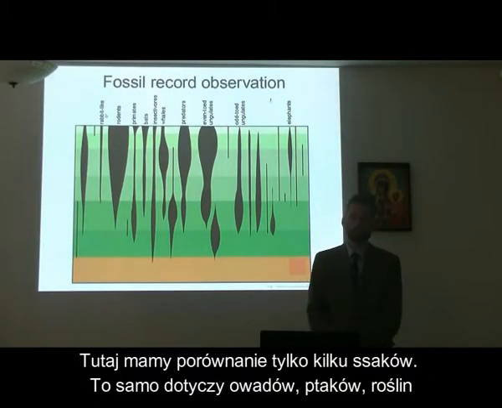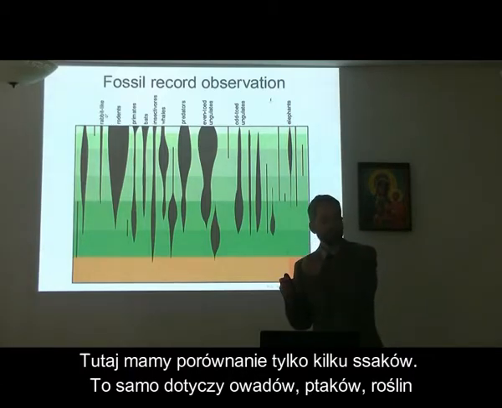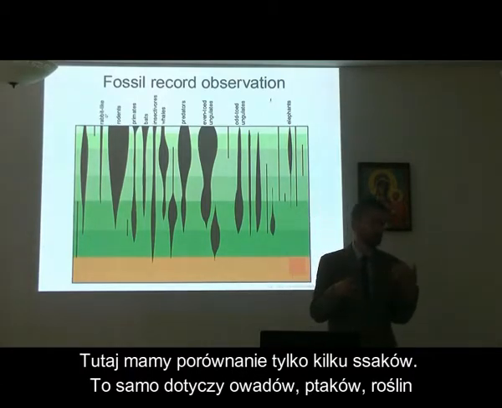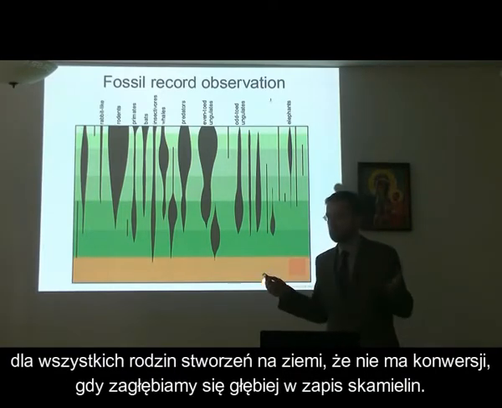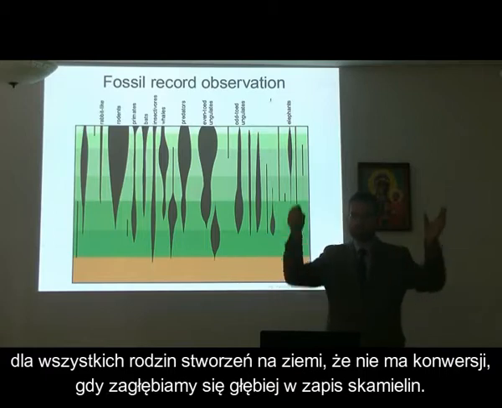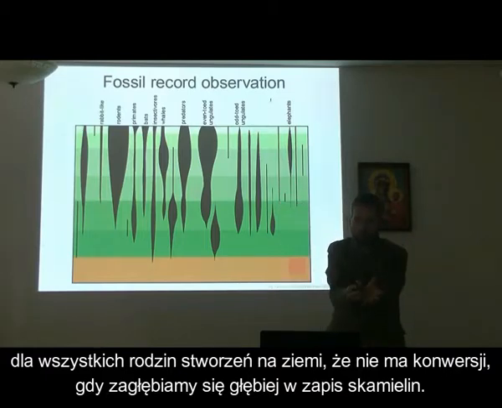Here is a comparison only of a few mammals. The same you will find for insects, for birds, for plants, for all families and creatures on Earth, that there is no convergence when you go deeper and deeper in the fossil record.